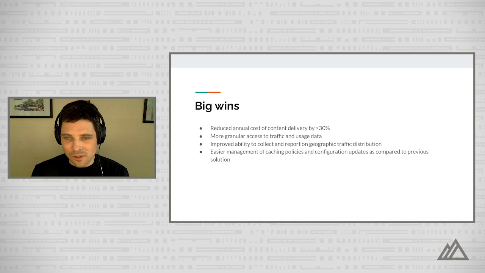We had to rely a lot on their support teams for being able to make changes. But by using Fastly and using their more intuitive configuration approach, we have improved the option of being able to do things such as targeted cache purges so that we don't need to purge the entire site. We can just purge a cluster of resources when a single course is published and things like that.